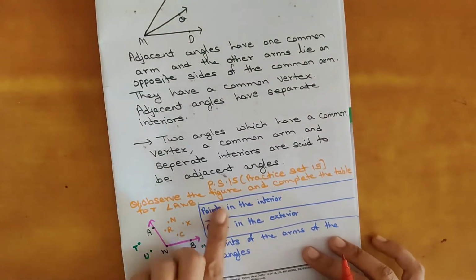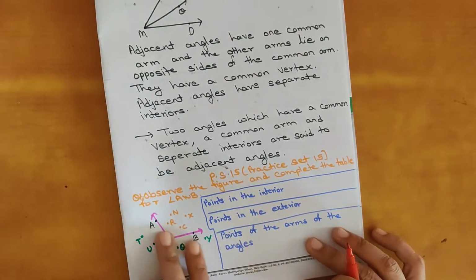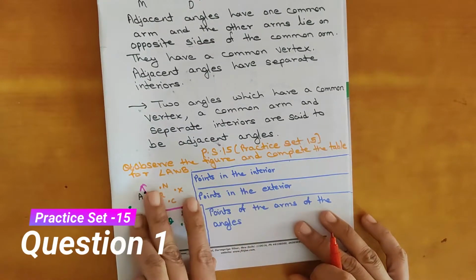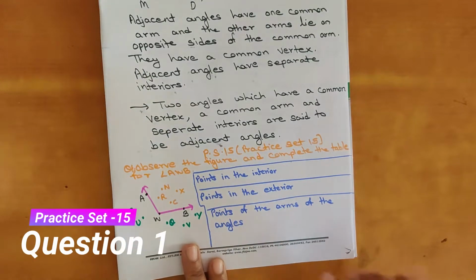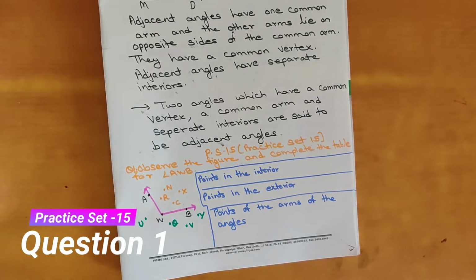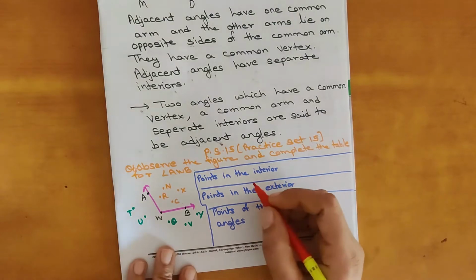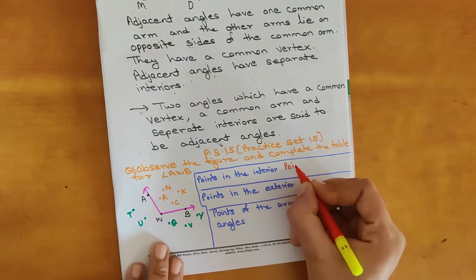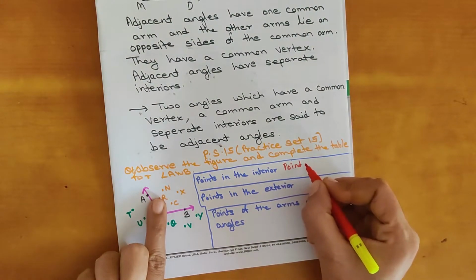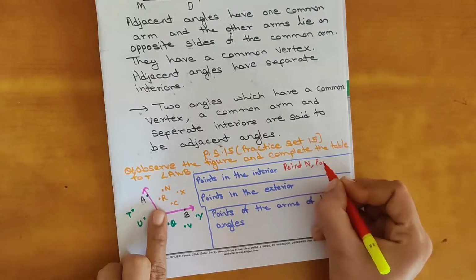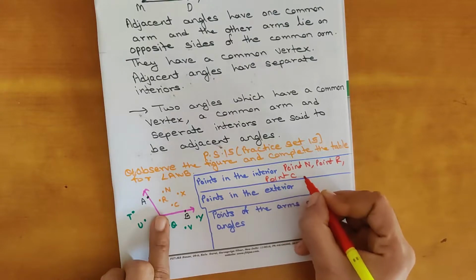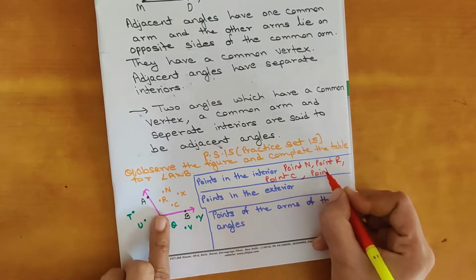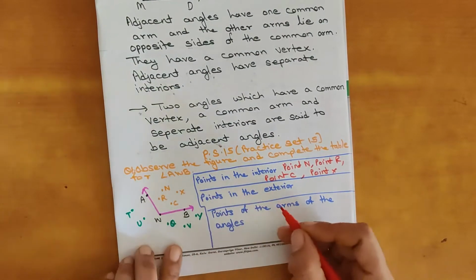So we will solve practice set 15. Observe the figure and complete the table for angle AWB. Okay, so we will solve. So here given points in the interior. Points in the interior, what you can see, point N, point R, point C and point X. They are in the interior of the angle.